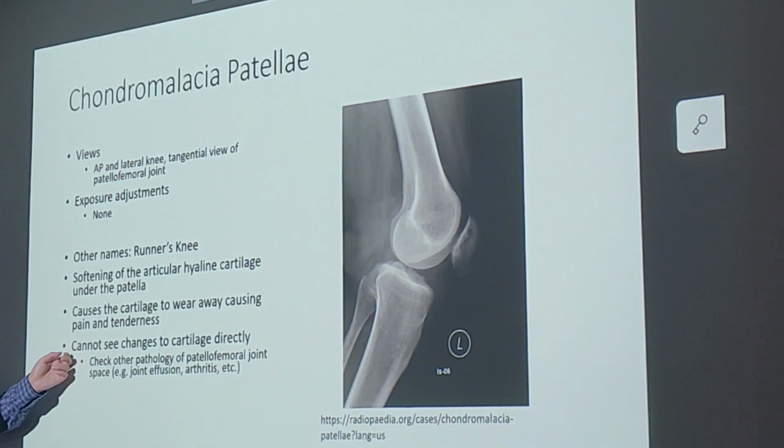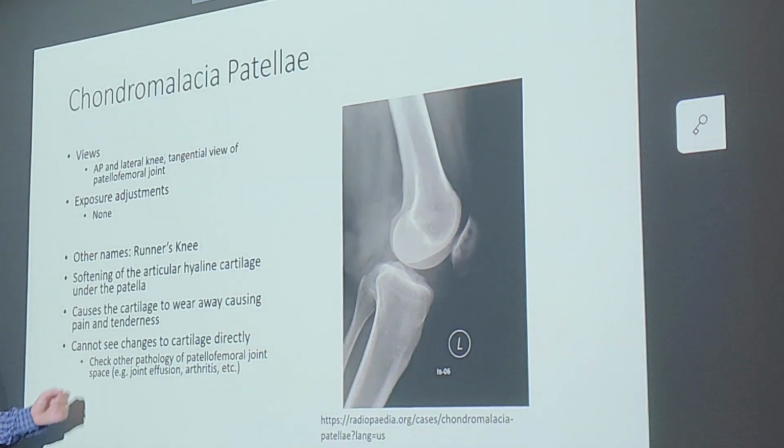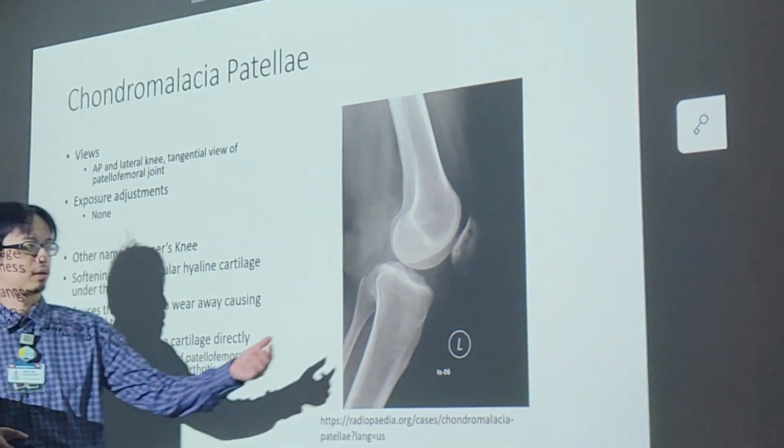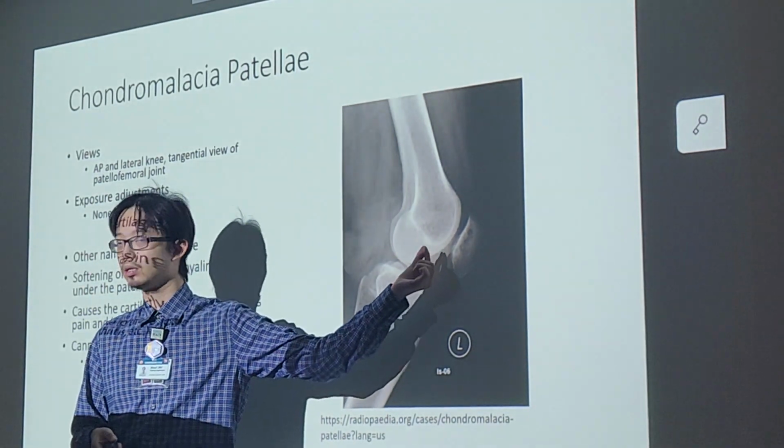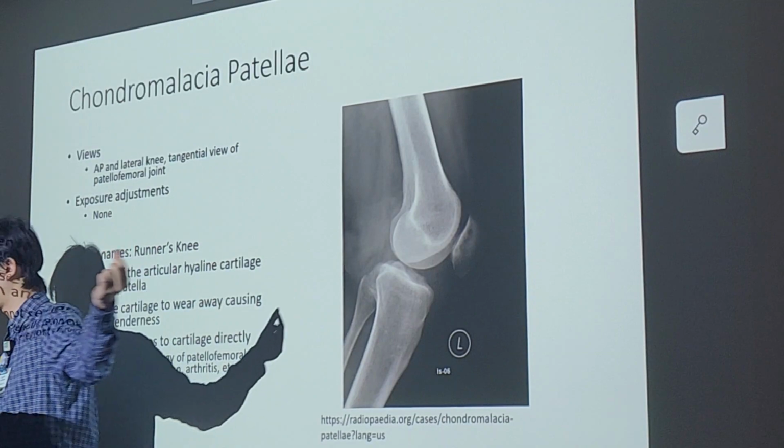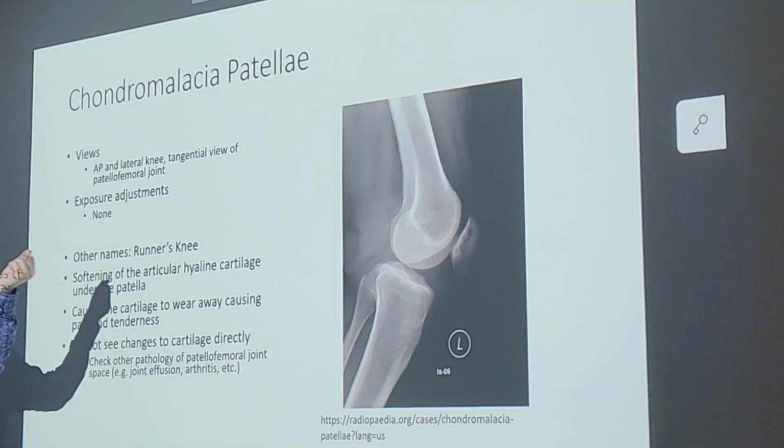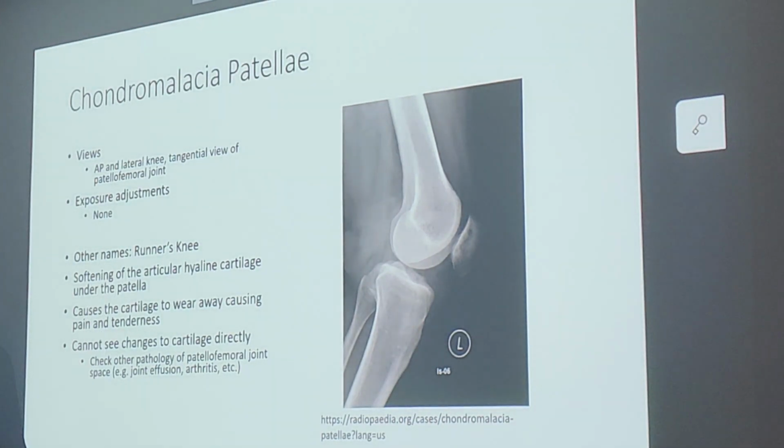So it's really hard to see this. You can't really see it under X-ray. You don't see cartilage under X-ray. But you can look for other things. You can check for pathologies of the joint space. Does the joint space look narrower than normal? Or do we start to see joint effusion, swelling in that area where that soft tissue is?